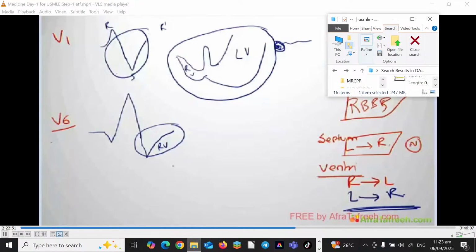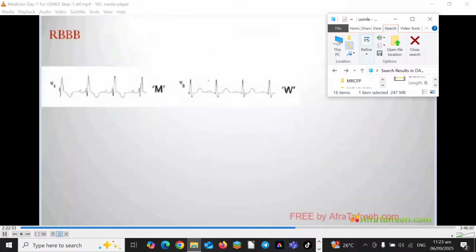Okay. So this is how it appears. When you see the R, S, R dash pattern, it is characteristic of a right bundle branch block. If I have to diagnose right bundle branch block in 5 seconds, I would only look at the right sided electrodes.